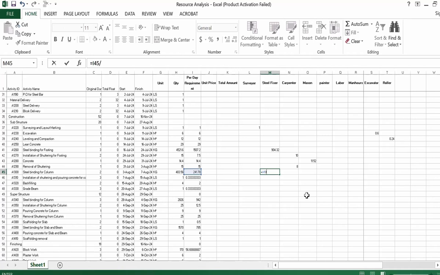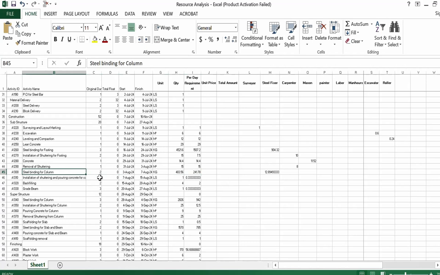One steel fixer will do, suppose, 300 kg, and we will multiply it by 8 and by the duration. So we need 12.8 hours to completely finish this activity.